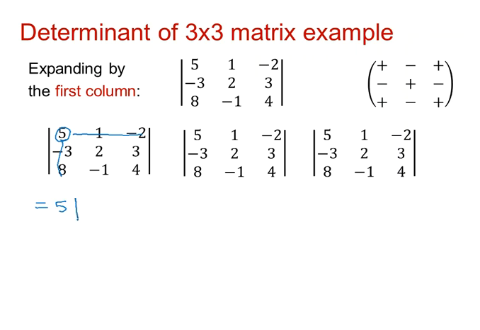Its cofactor is the determinant of 2, 3, minus 1, 4, and because of its position in the matrix, it's been assigned a plus sign. Now if we move on to the next element, which is the minus 3, we need to multiply by its cofactor.